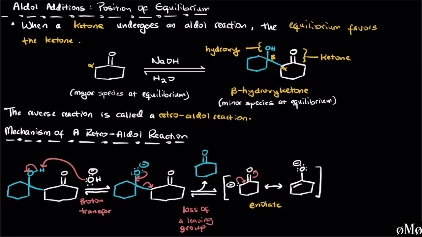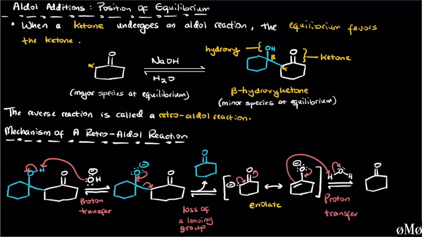And once again, the reason why this is a reasonable enough mechanism is that the fragment you're removing is a resonance stabilized carbon. And so that's why it's more likely in this case to be kicked off your tetrahedral center. In any case, your alpha position can once again get protonated by a water in the flask to then reform your ketone, which would conclude your retro-Aldol reaction.